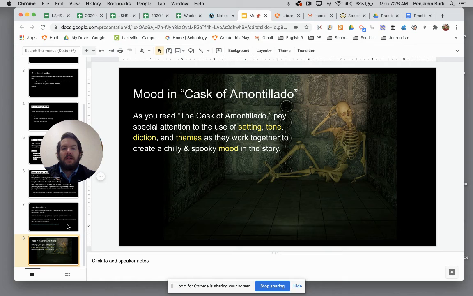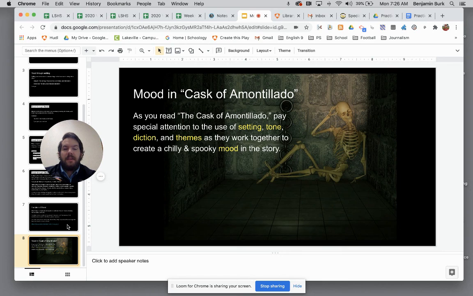So we are going to read a story called The Cask of Amontillado this week. Last week we looked at characterization, the different types of characters in a story. The week before that, we looked at the plot chart when we read The Most Dangerous Game. Now we're reading a creepy story called The Cask of Amontillado, where the mood of the story is really impacted by the setting and theme.